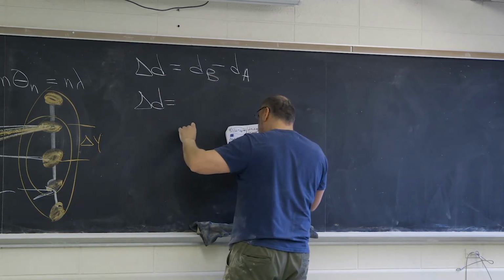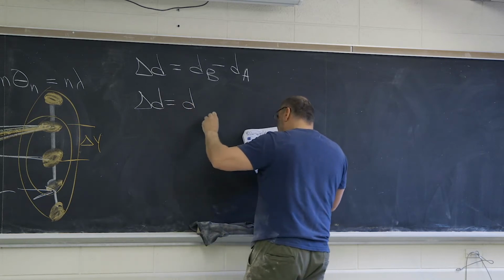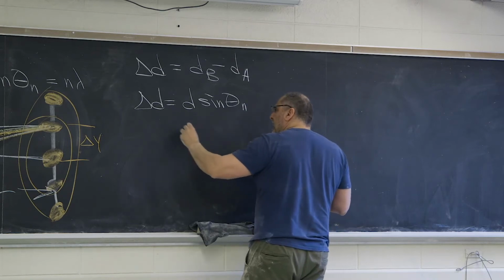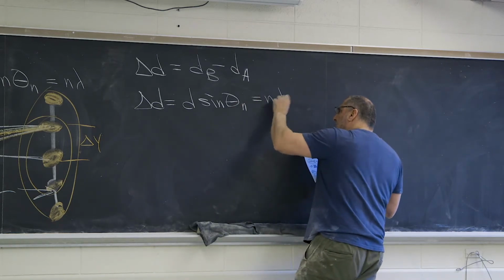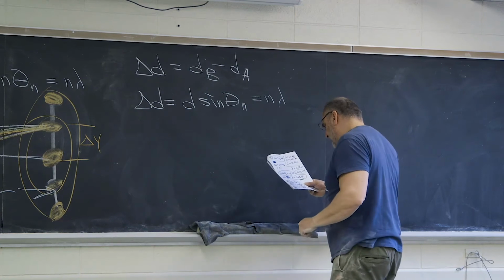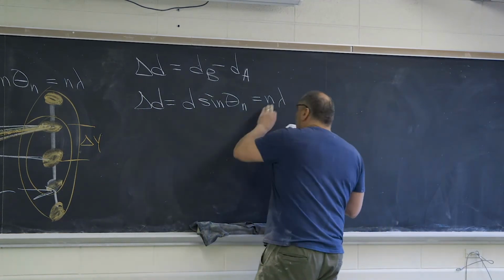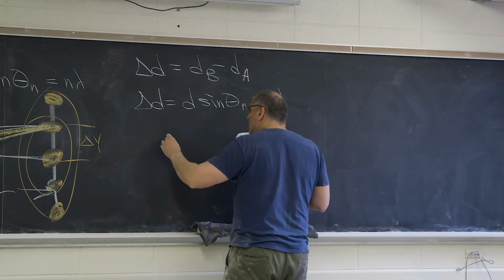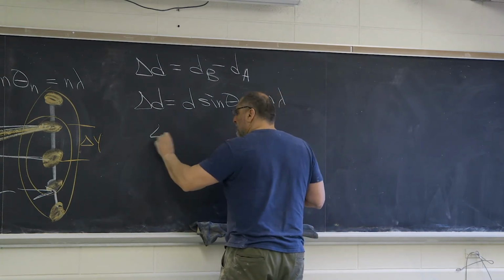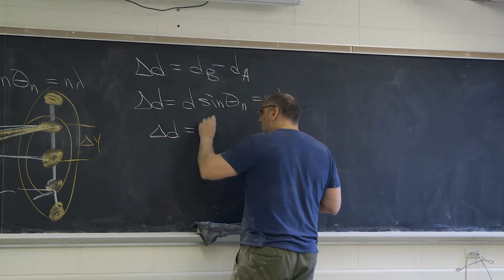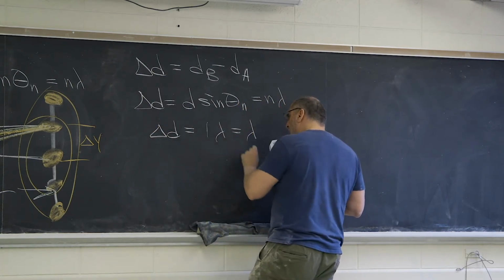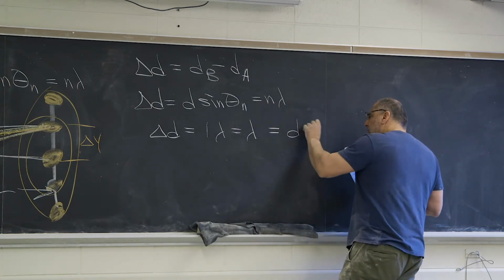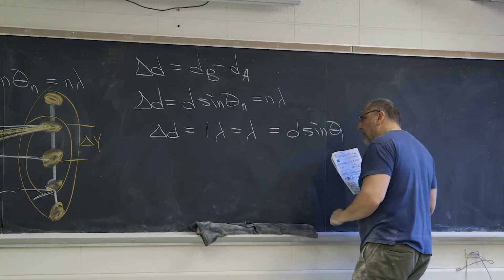Delta B is d sine theta n equals n times lambda. Well, for the first ones under consideration, n is 1, that's theta 1, so delta D is going to equal 1 times lambda, is going to equal lambda, is going to equal d sine theta 1.